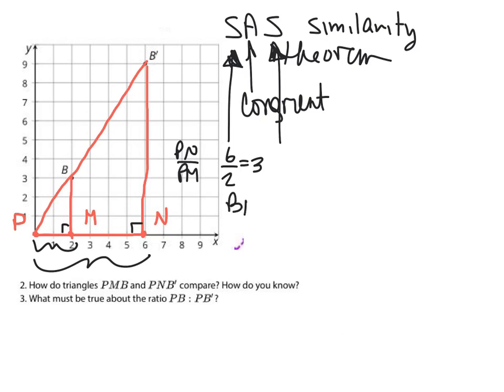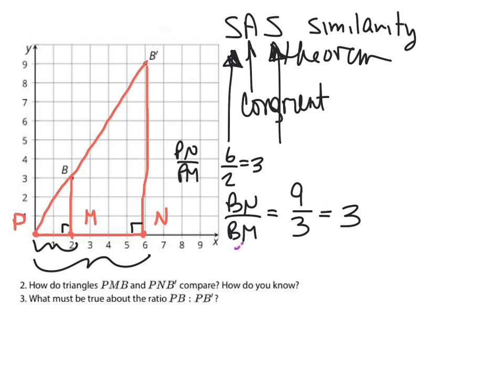Actually, we're going to do BN over BM, which BN is 1, 2, 3, 4, 5, 6, 7, 8, 9 over 3, which is also 3. So when my sides are proportional and my angles are congruent, then I know that the triangles are similar.